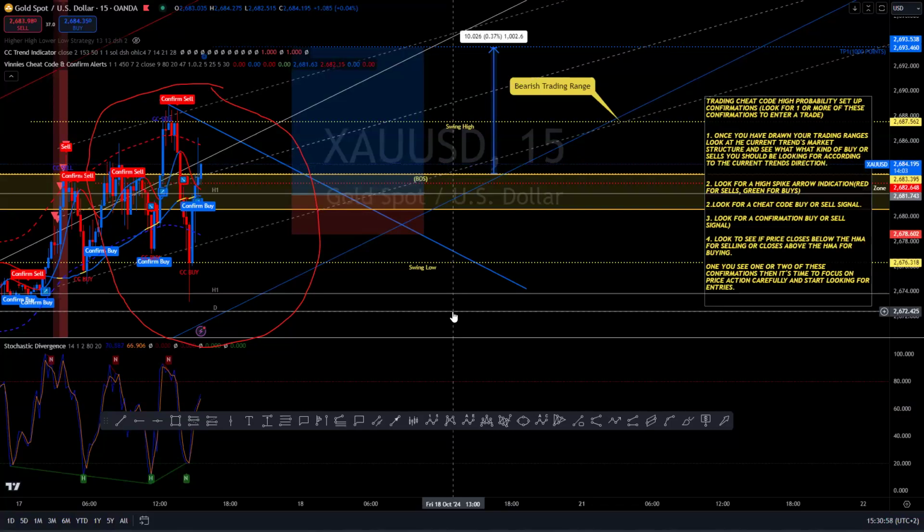So it needs to push up. But I don't know. HMA went up a little bit, but it's not blue yet.